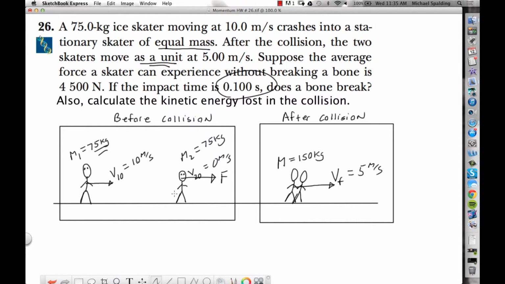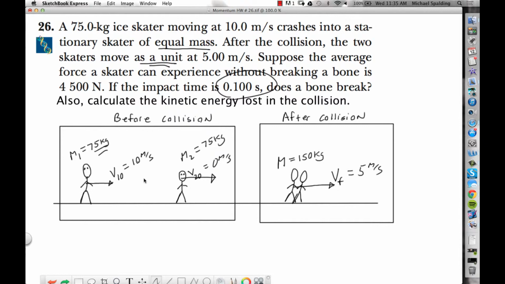But simultaneously, there's going to be a force on guy number one the other way. So guy number two experiences a force to the right. Guy number one experiences a force to the left. What do we know about those two forces? They are equal and opposite.